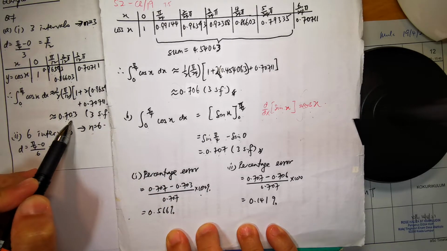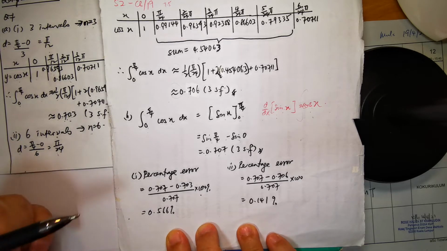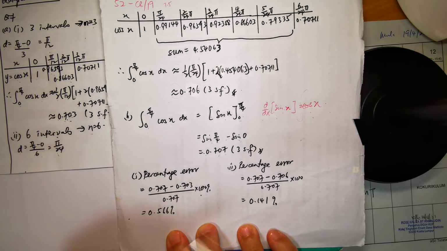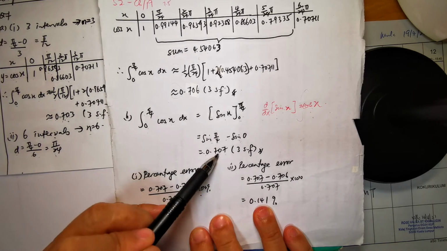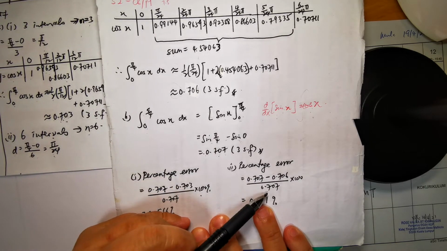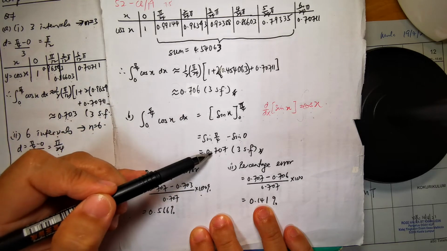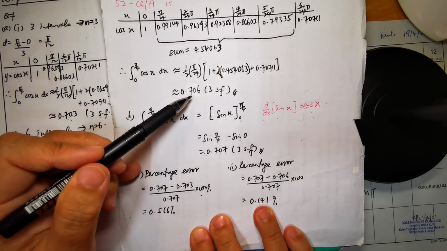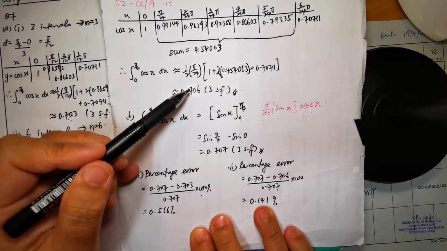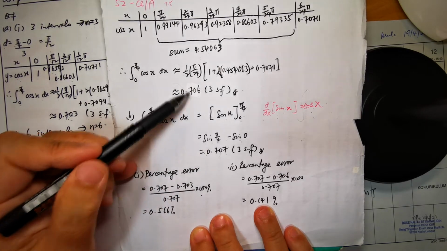So this question actually explains this concept. Therefore, again, the percentage error, the denominator must be the exact one. Then compare these two. This is bigger, so we use this one minus this one, because this is an underestimate. If you get an overestimate, meaning the answer is bigger than the actual one, then you use this one minus this one.